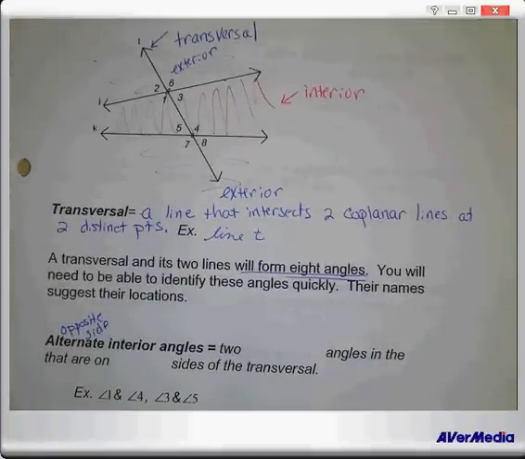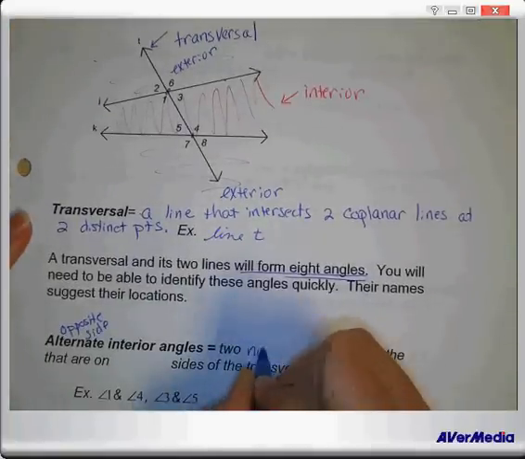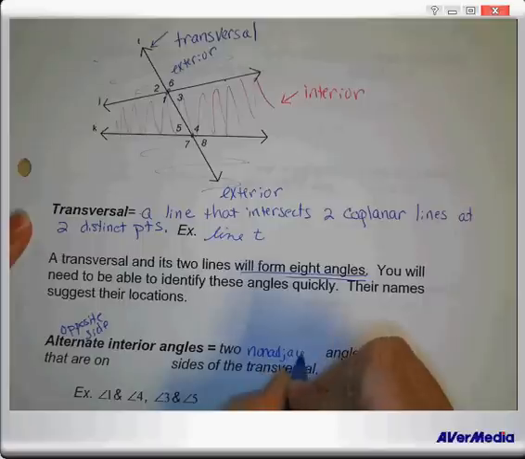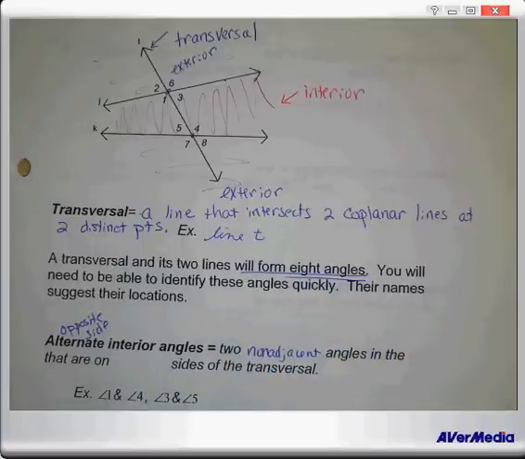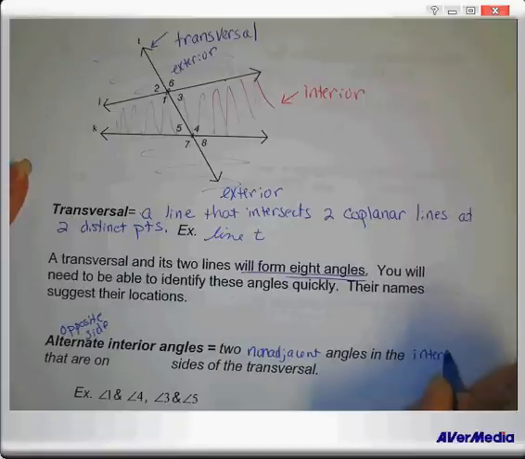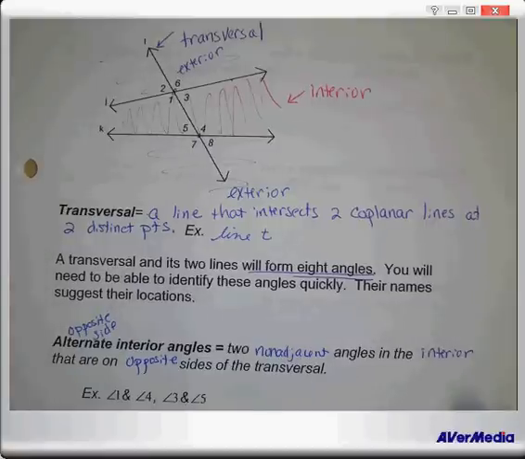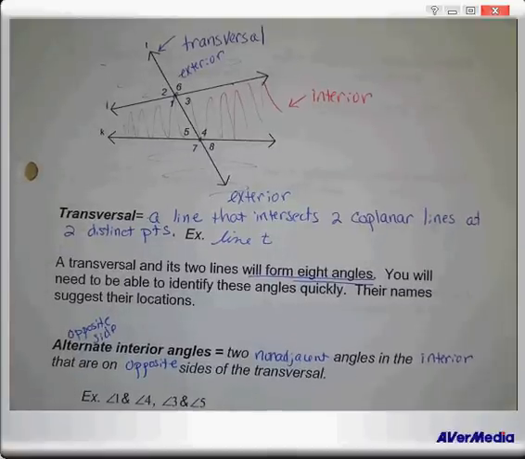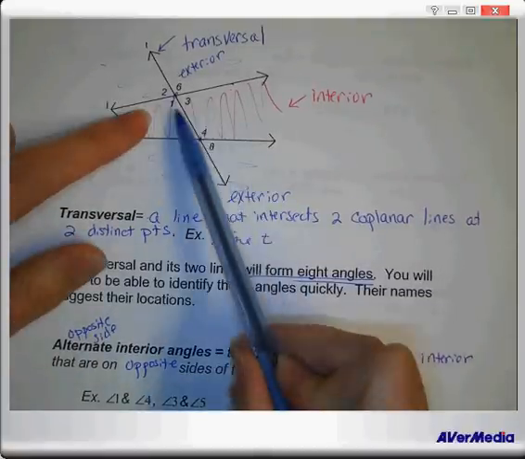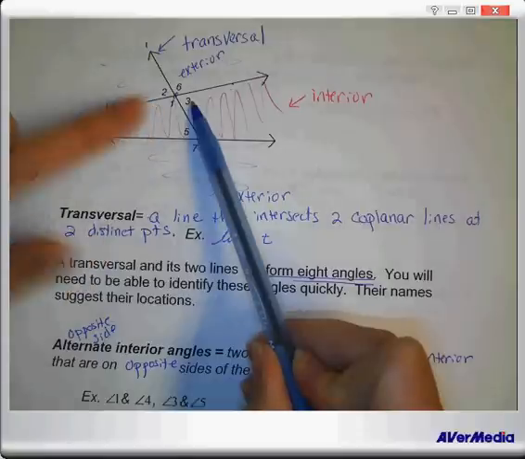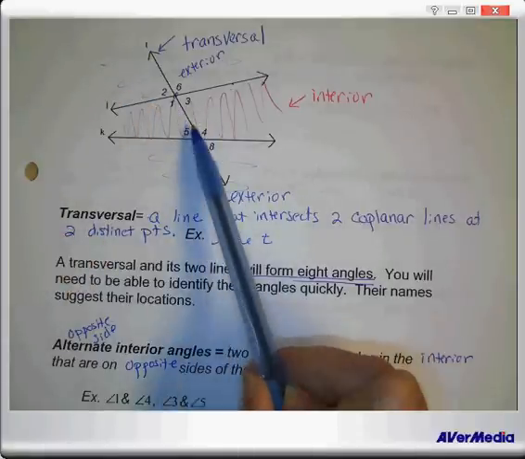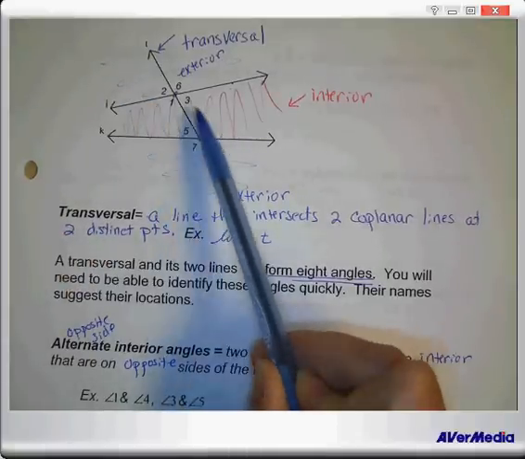Alternate interior angles are 2 non-adjacent angles that are in the interior that are on opposite sides of the transversal. Okay, so let's look at this real carefully. 1 and 3 are going to be adjacent. 1 and 5 are non-adjacent, and 1 and 4 are non-adjacent.